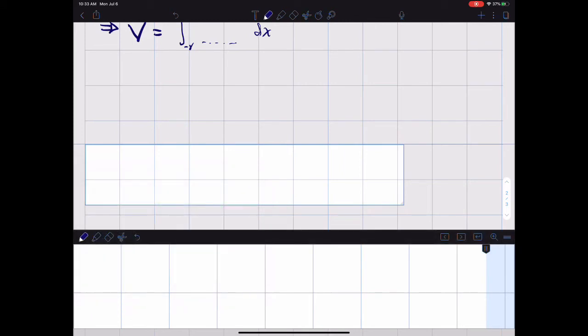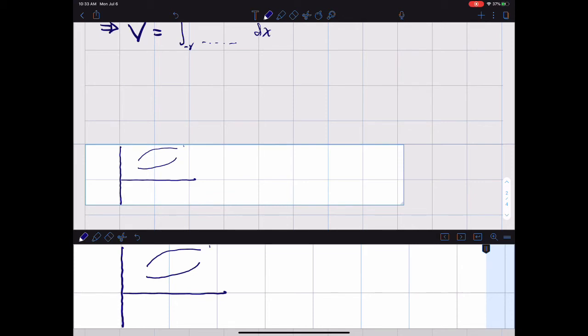So we have this as f of x like we had before. And then we have another function, g of x.